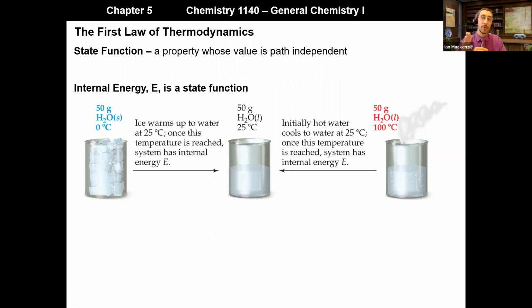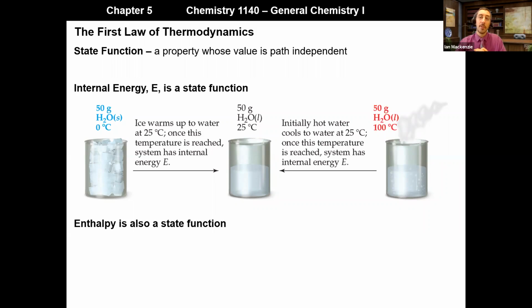The internal energy of that 50 grams of water at 25 degrees Celsius is the same as the internal energy of 50 grams of water at 25 degrees Celsius that started out as frozen ice cubes. So it doesn't matter how we got there. The internal energy at that particular temperature of that particular mass of water is the same. And so it's thus path independent.